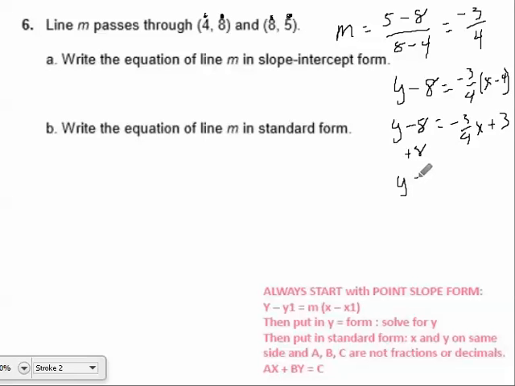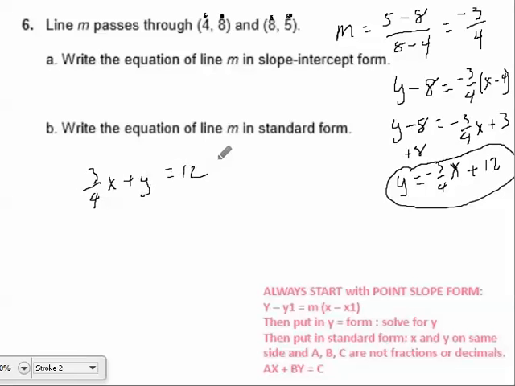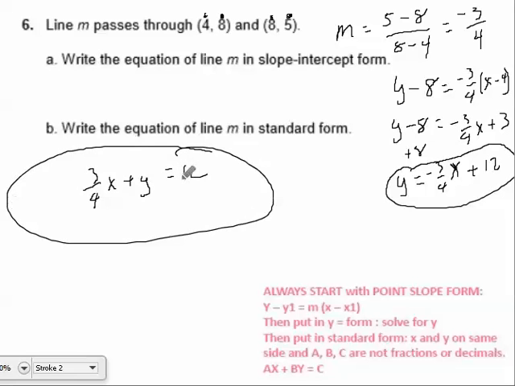And I'll get y is equal to negative 3 over 4x plus 12. That would be slope-intercept form. That would be the answer to A. Now they want it in standard form as well, so I'm going to add the 3/4x to both sides, and I'll get 3/4x plus y equals 12. That would be my standard form.